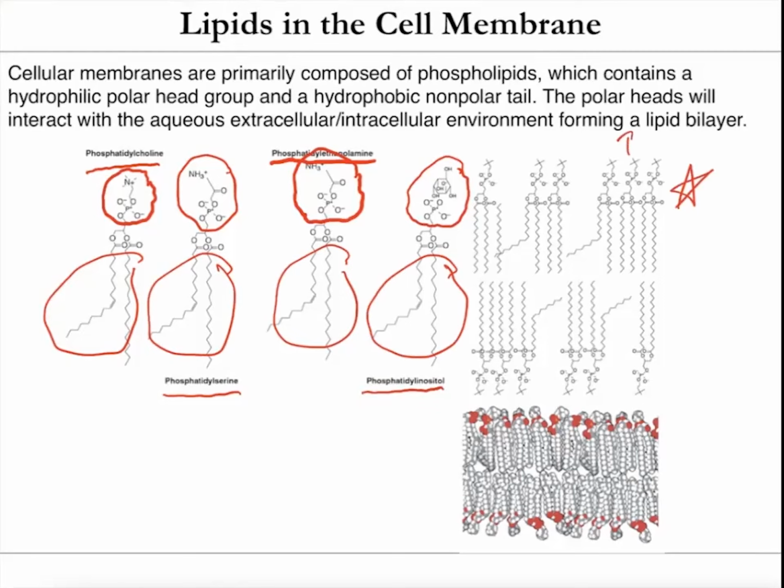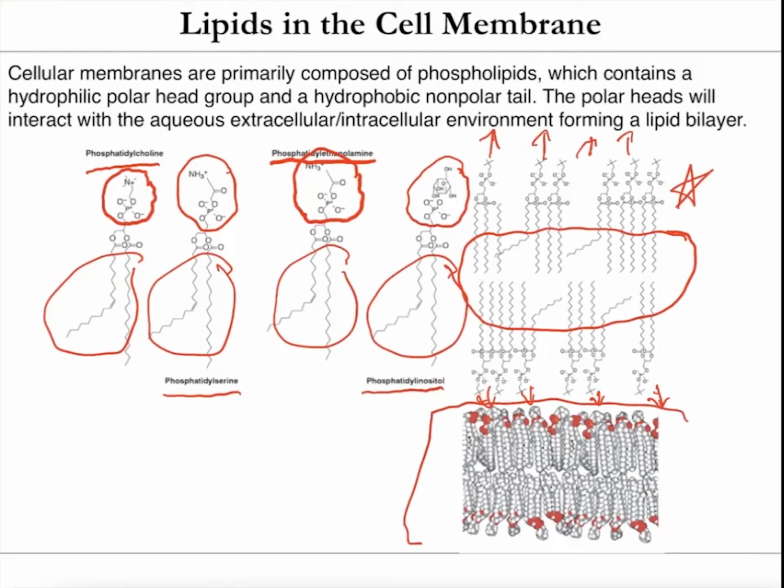These charged head groups are interacting with the outside environment, and these charged head groups are interacting with the inside intracellular environment. Then you form this lipid bilayer from the hydrophobic groups, which can interact with each other, these non-polar hydrocarbon tails. Here's another diagram of what that would look like in a space-filling diagram.